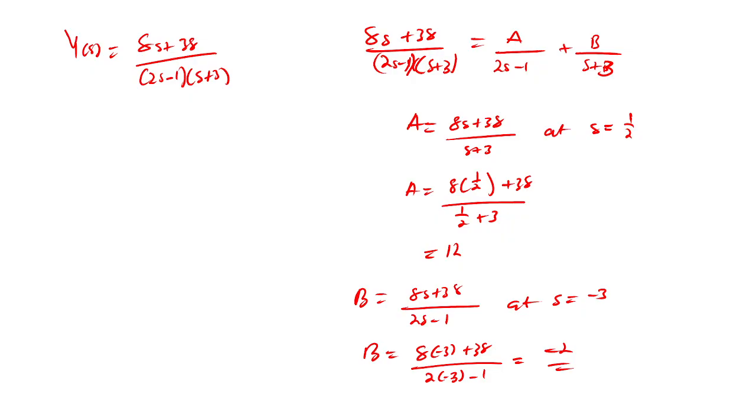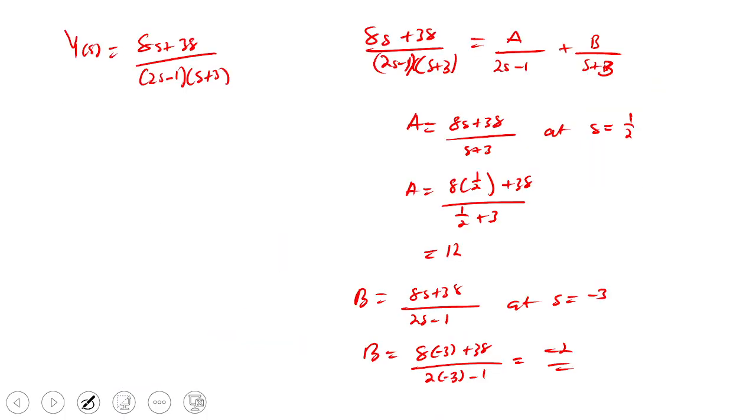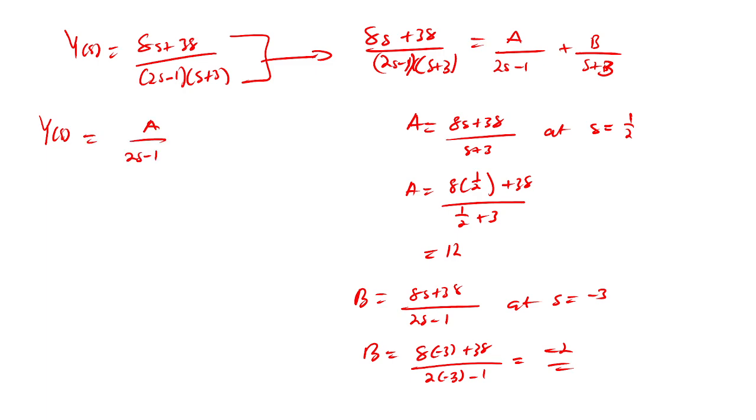Wait, where did I write the value of A? Okay. Remember we're trying to use Laplace to solve this problem. We're still doing the same problem. We broke Y of s into partial fractions, so it now looks like A all over 2s minus 1 plus B all over s plus 3.